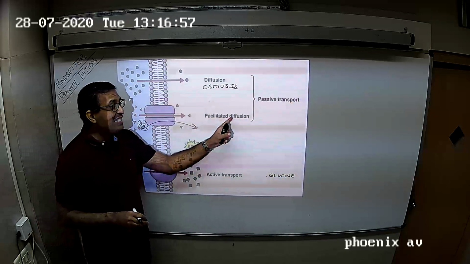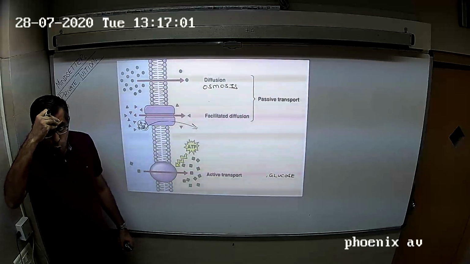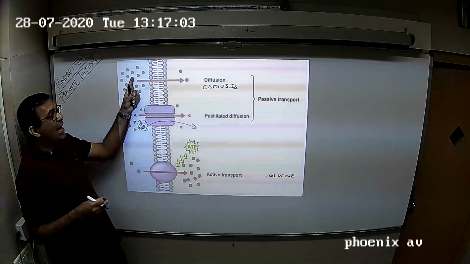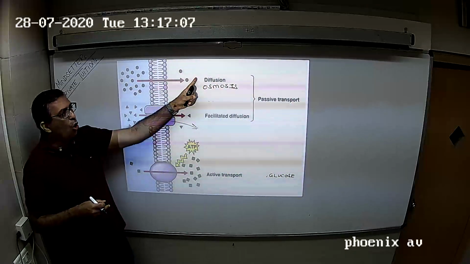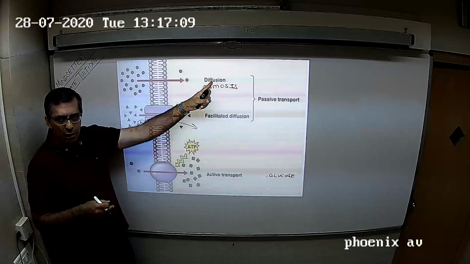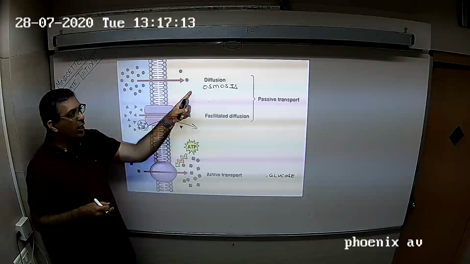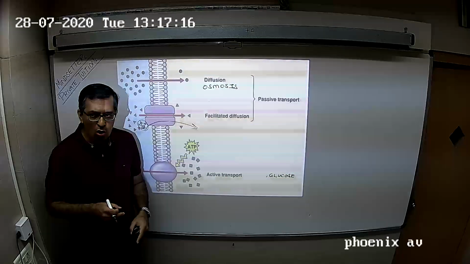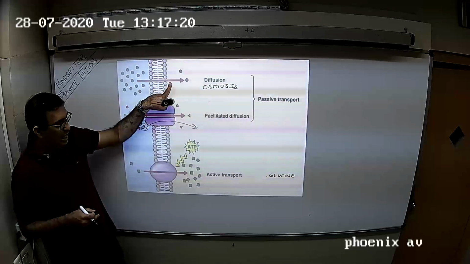Facilitated diffusion. So once again, when food is absorbed from high concentration to low concentration, it is called diffusion, also called passive absorption. Water absorption is called osmosis and no energy is required for that.